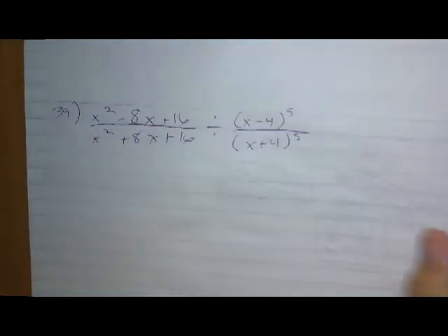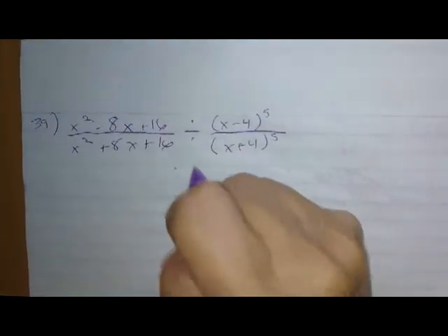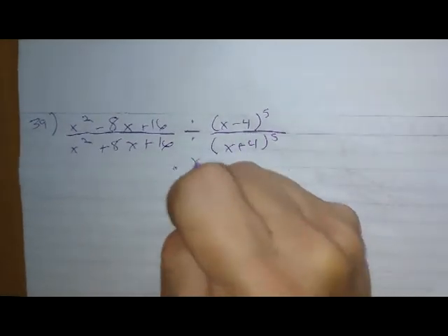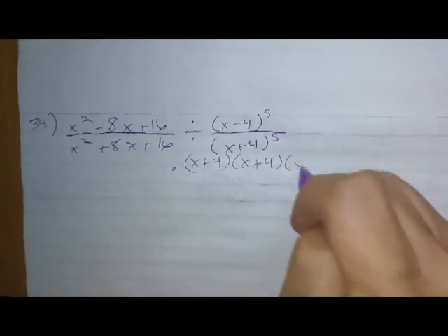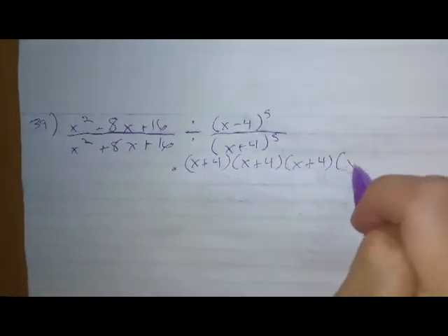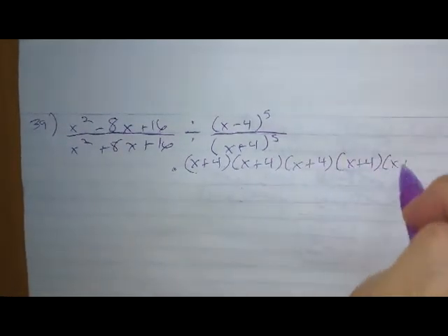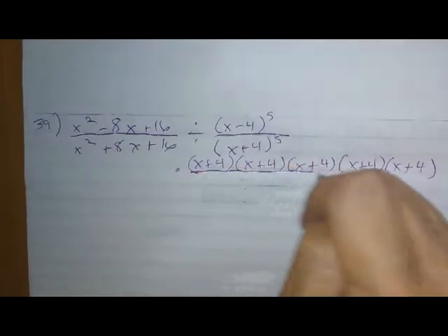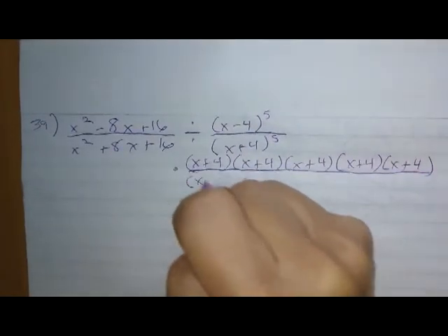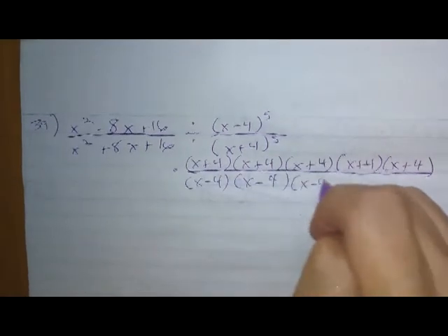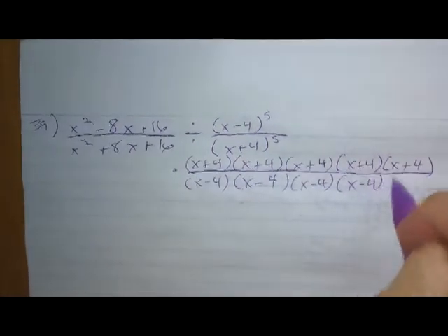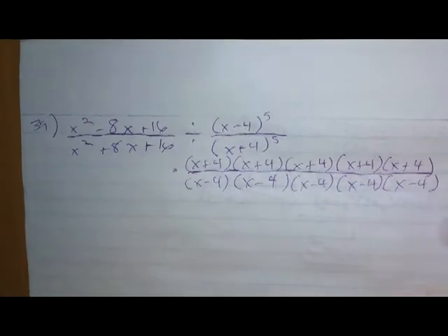Okay, let's see. Reciprocal. So x plus 4. If you'd rather keep it with the exponent, that'll be fine.